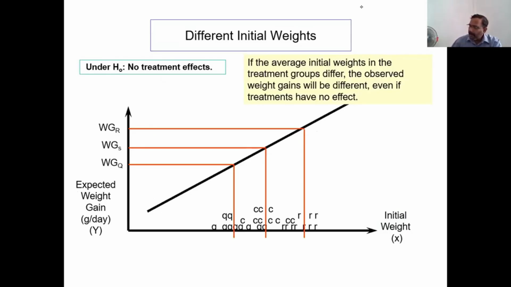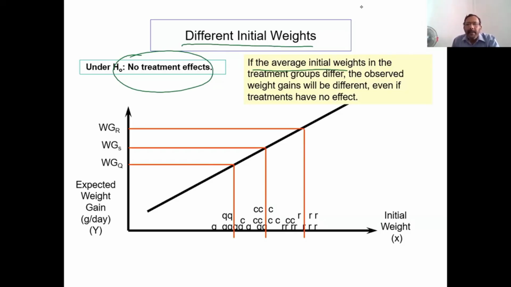Why? All the animals are not coming with the same weight. All the animals are coming with a different initial weight, right? So under that, if I come with the null hypothesis, no treatment effect, suppose the average initial weight in the treatment groups differ, the observed weight gain will be different even if the treatments have no effect.